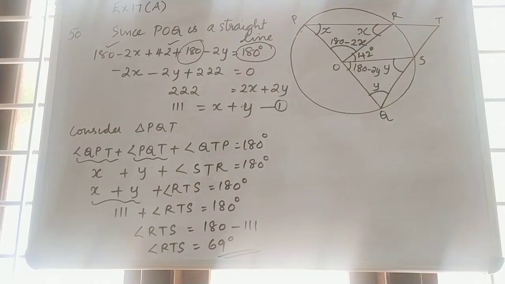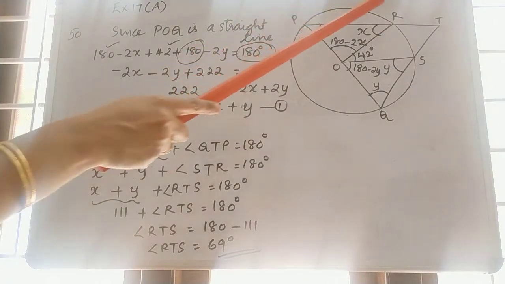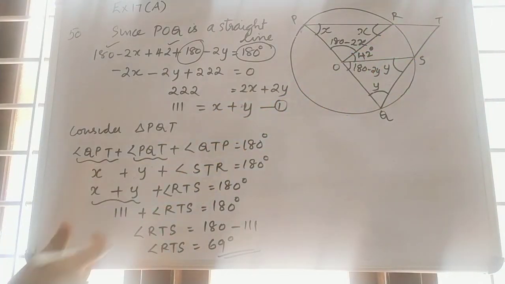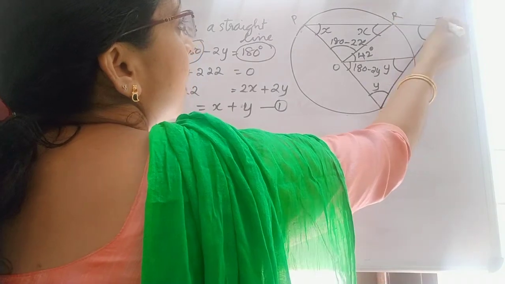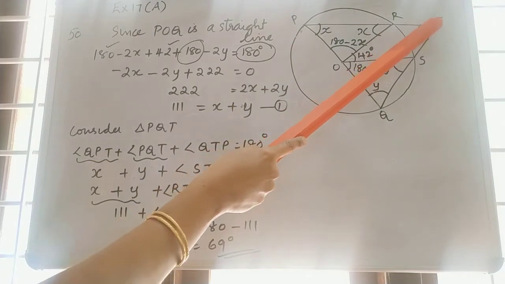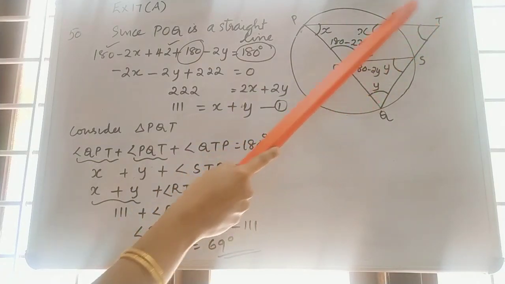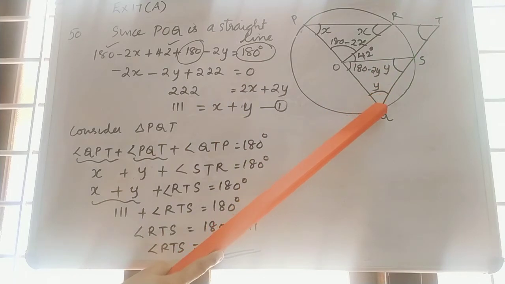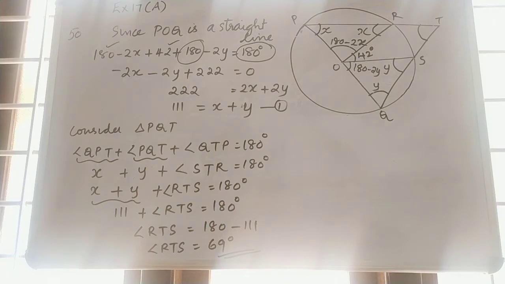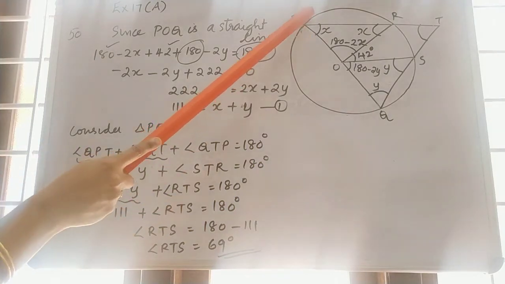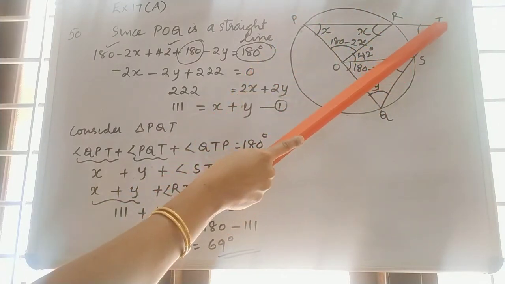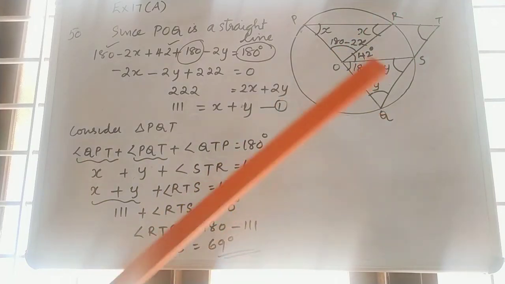We want to find angle RTS. That is this angle we want to consider. For finding RTS, T is common. RTS means T is the angle. If you are considering PTQ, the angle is T itself. So if we are considering triangle PQT, sum of angles of a triangle is equal to 180 degree.